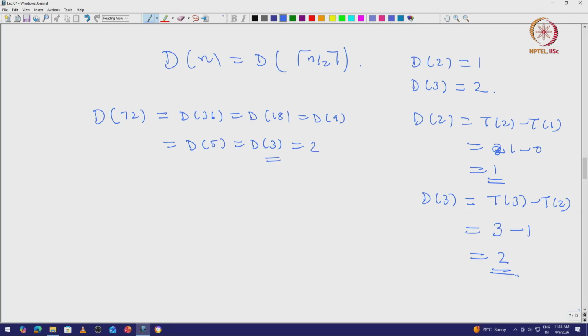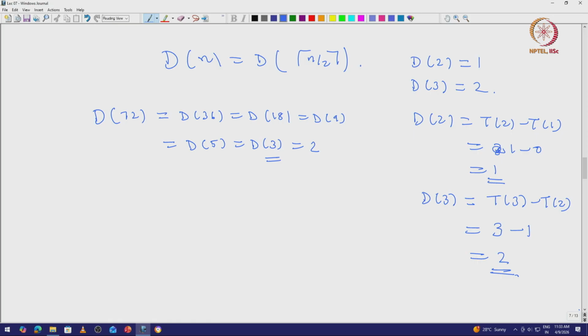The moment you hit 3, you stop because D of 3 is 2. From 3 you do not proceed further because D of 3 is known. Do not apply ceil again and go to 2.